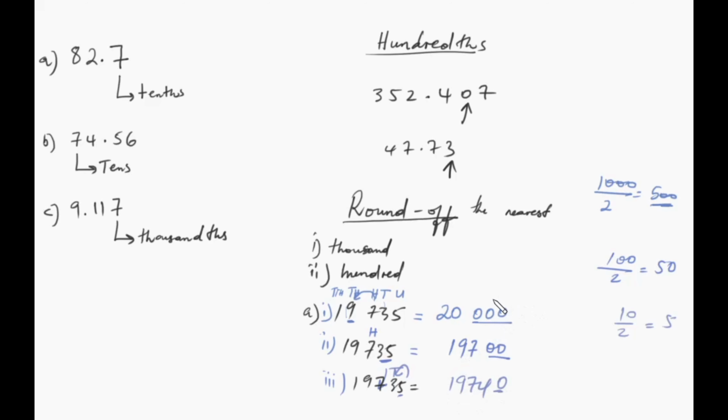Now, having said this, I want to believe that at least we have looked at rounding off. Okay? Now, let me take the last example. Rounding off to the nearest tenth.